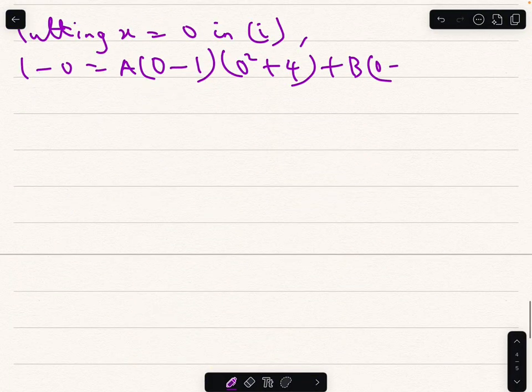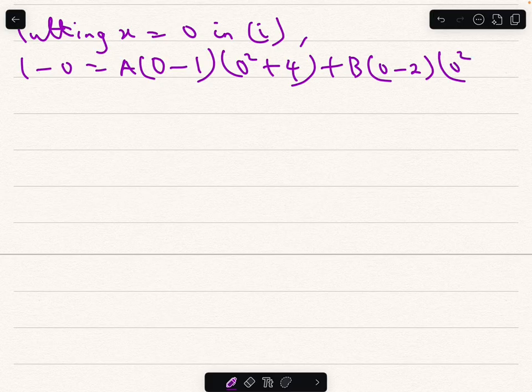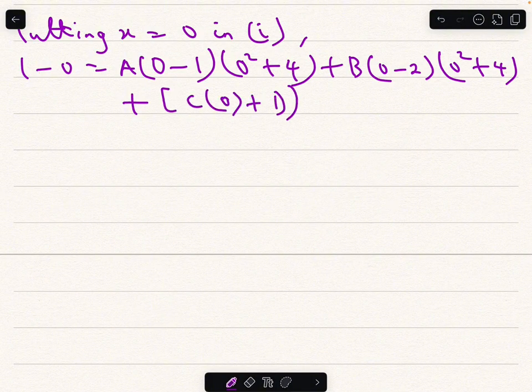That's b times 0 minus 2 times 0 squared plus 4, plus cx plus d, that means c times 0 plus d times x minus 2, 0 minus 2 times x minus 1, which is 0 minus 1.